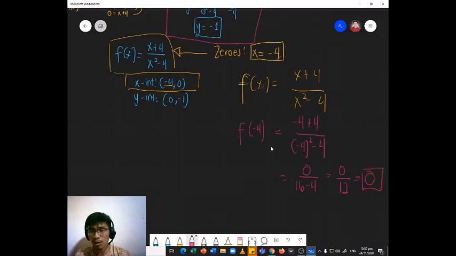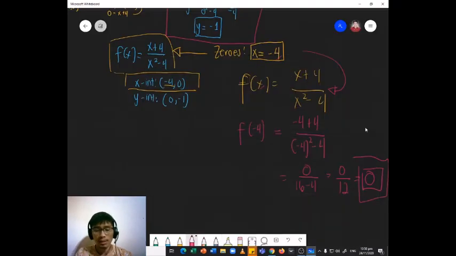Okay, so you can observe here, once we substitute negative 4, the zero of the function, which is based on the x-intercept, into the given rational function, it will make your rational function equal to 0. In short, negative 4 is the solution of your rational function. That is what zeros of the function mean. Okay, so that's how we do it, ladies and gentlemen.